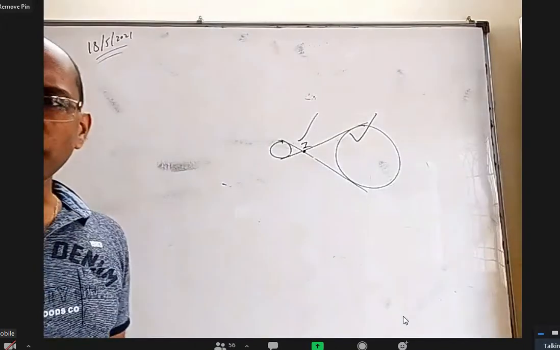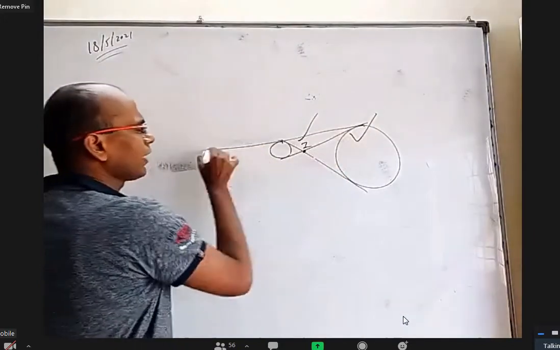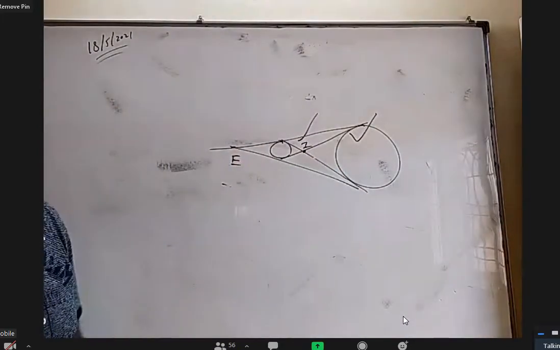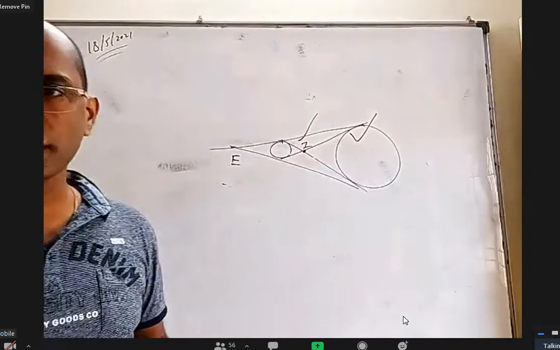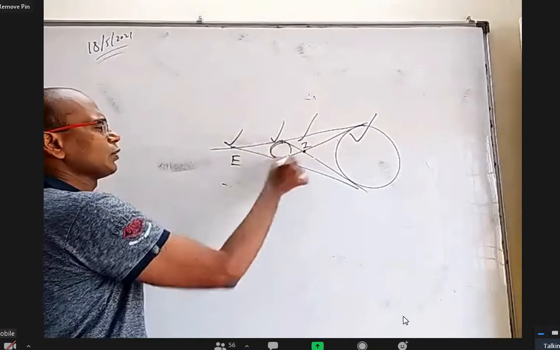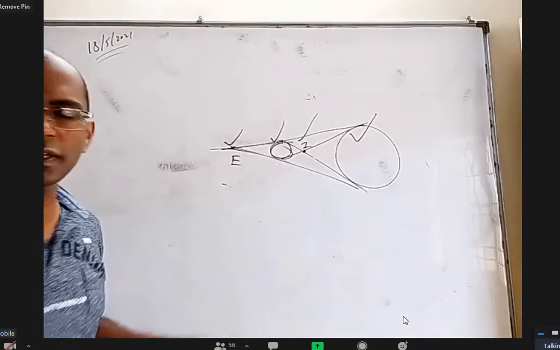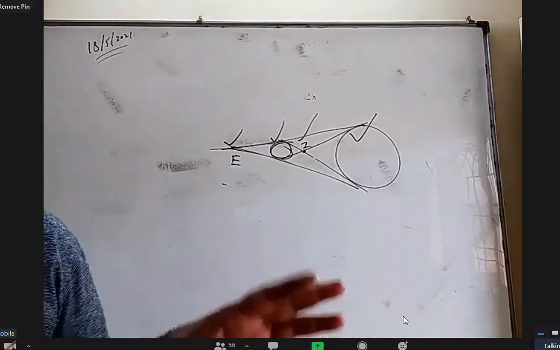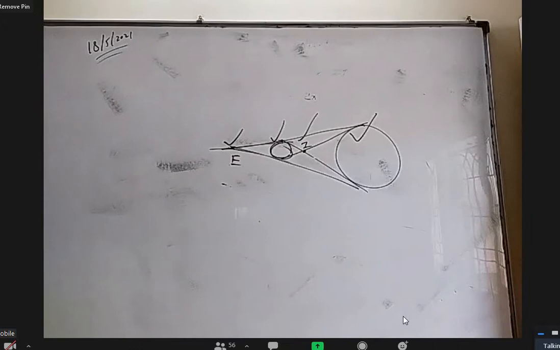If they ask for direct common tangents, find E, the external center of similitude, dividing in the ratio R1 is to R2 externally. Once you get E and you know one of the circles, you know a circle and a point, from there you can find the tangents by one of these 4 or 5 methods. Okay. So this is a method, but when you actually do it, you may do some silly mistakes or something. Solutions I already sent, you can see that.